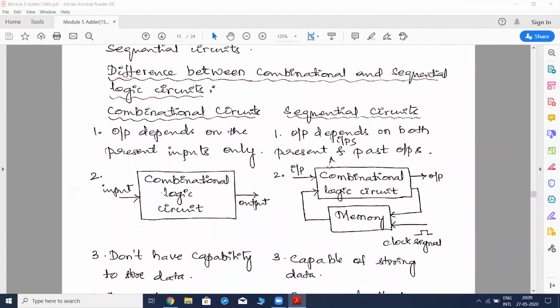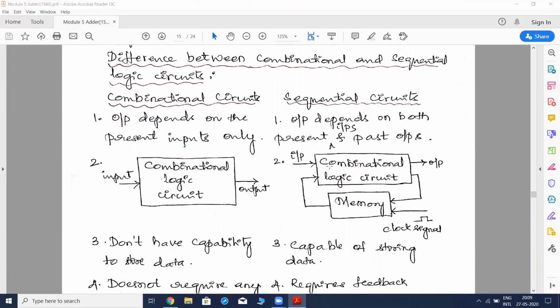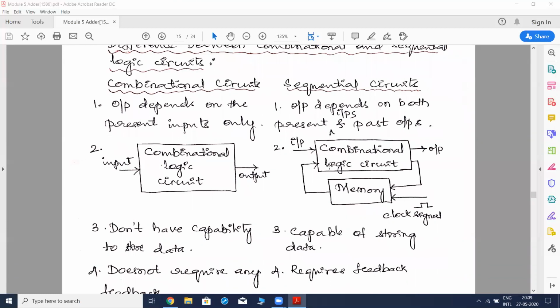First, let us see the difference between combinational and sequential logic circuits. On the left side, we have the combinational circuit. On the right side, we have the sequential circuit. The first one is just the definition.